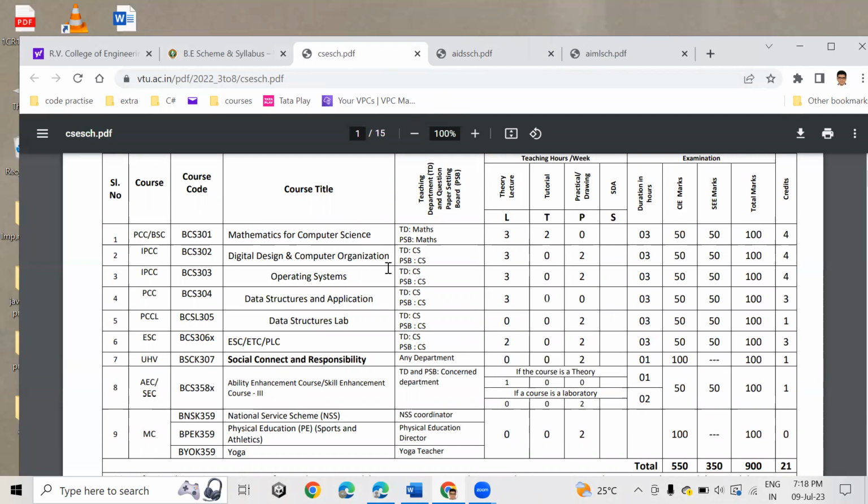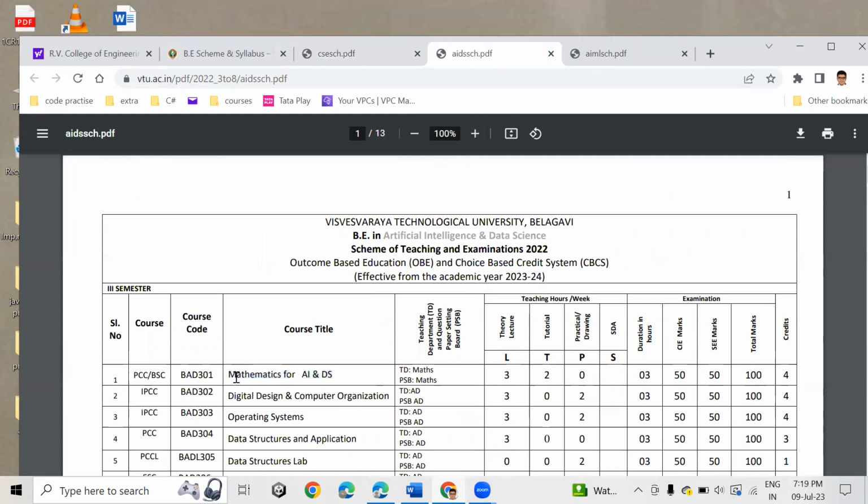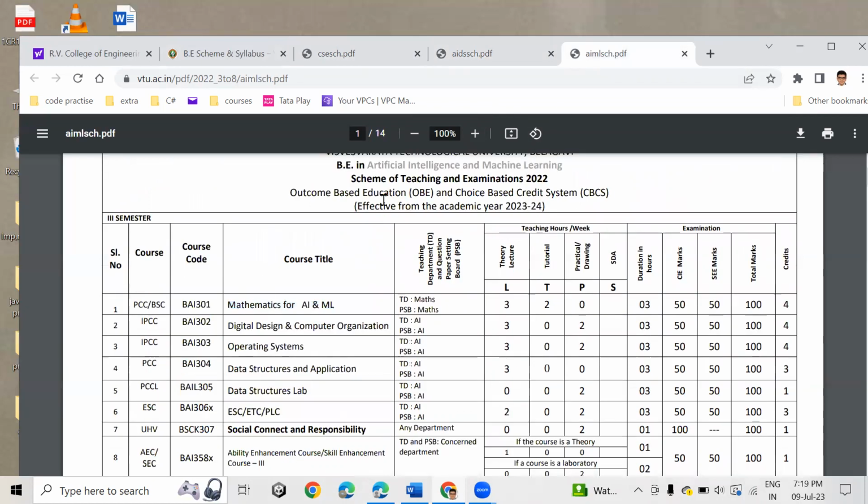So here mathematics will be considered on the whole of computer science, taking into consideration computer networks, computer graphics, and other subjects which will not have so much focus in the other two schemes, that is AI and DS and AI and ML. In AI and DS, only the maths to be used for AI and DS will be taken into consideration, and likewise for AI and ML.